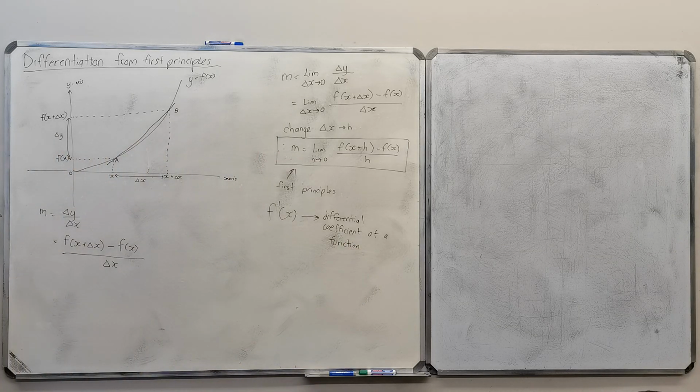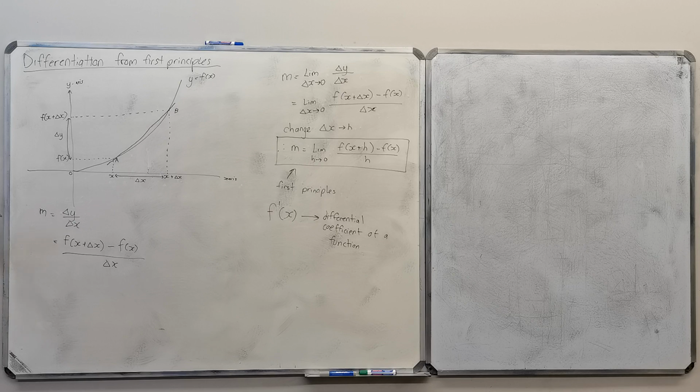Okay? Right. It is also called differentiation from first principles. Okay? Are you all with me? Everybody's with me? Okay. That formula is the most important thing you need to remember with first principles. Okay?